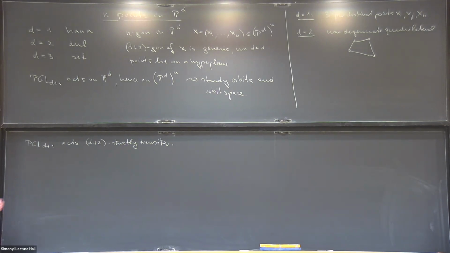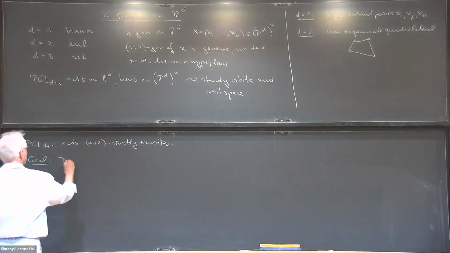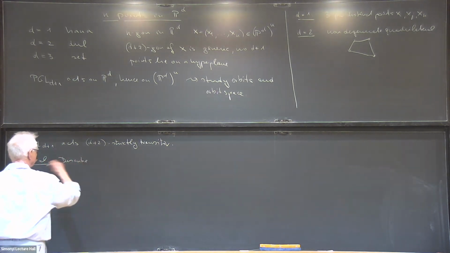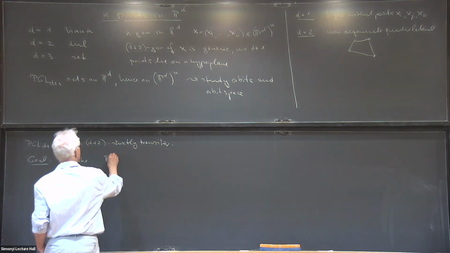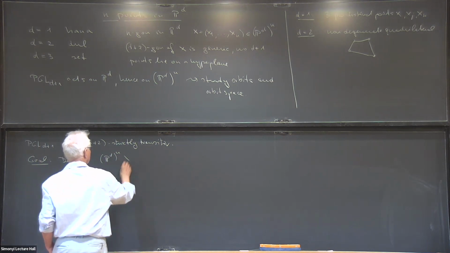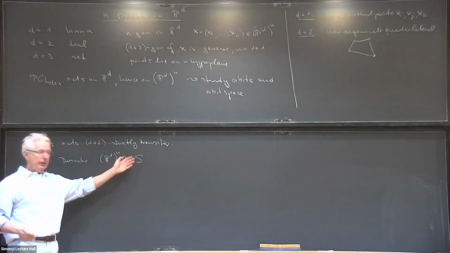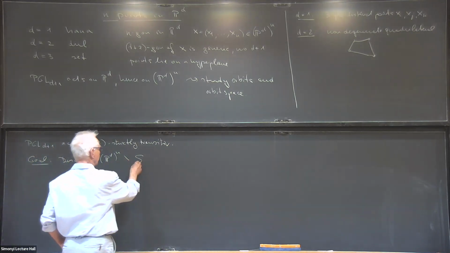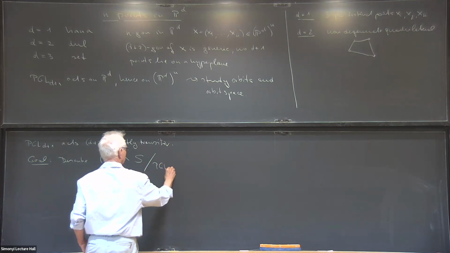So the goal will be, and that's a very classical goal, to describe (P^d)^n, and now I take out those which are non-generic in a certain sense. Let's not specify this. So you take the nice n-gons, then you take them out.